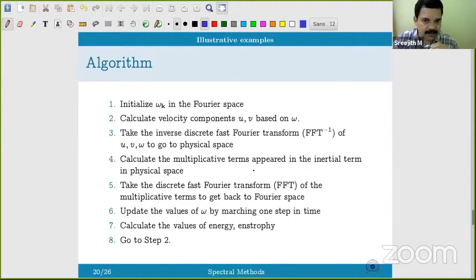Then calculate the velocity components u and v based on this vorticity. That means you have to calculate the stream function, and from the stream function you have to calculate u and v. If you know the value of omega k, you have to solve del square psi equal to minus omega.